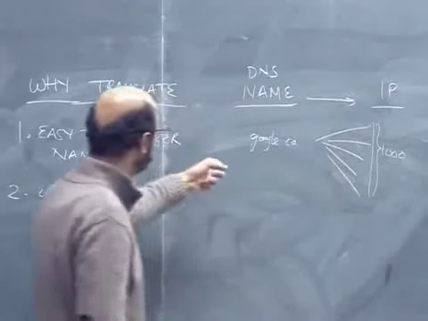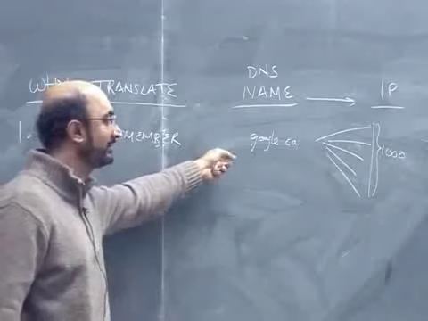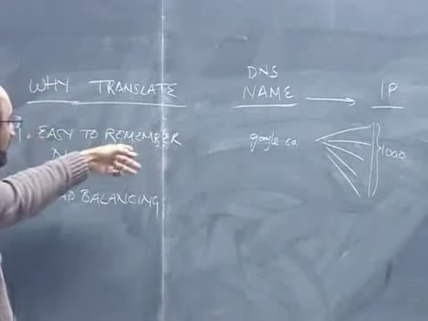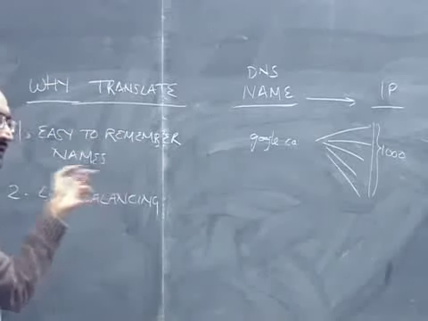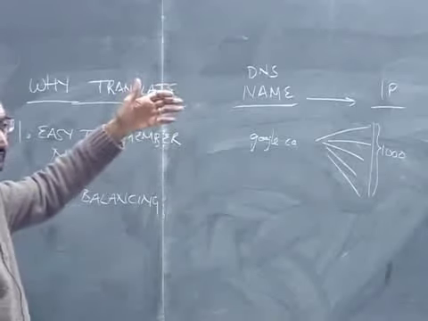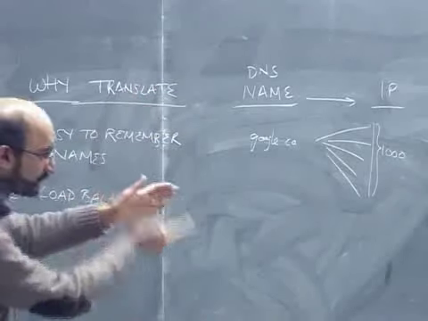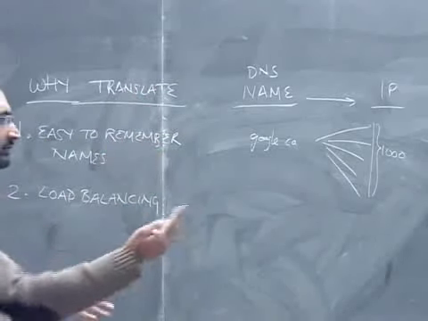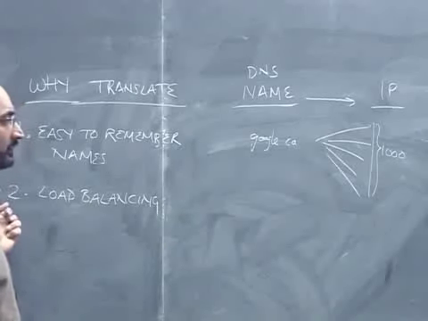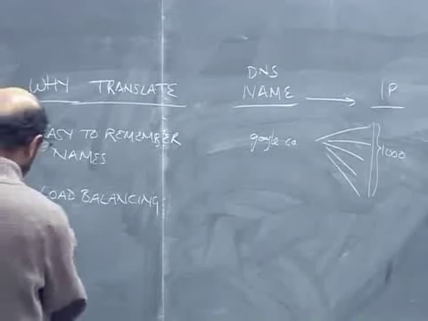The first time somebody asks DNS, what is google.ca, it says the first address. The second time it asks you, it gives you a second address. The third time, a third address. These are all google.ca servers, but it's spreading the load across different servers, so that gives you load balancing. And the third thing it gives you is aliasing.